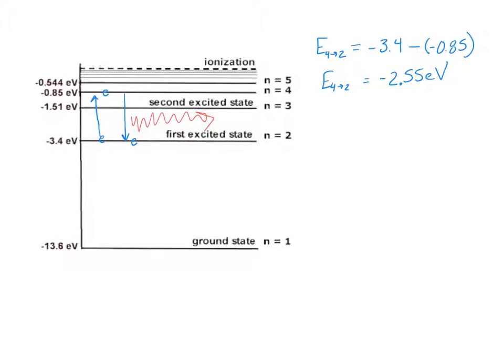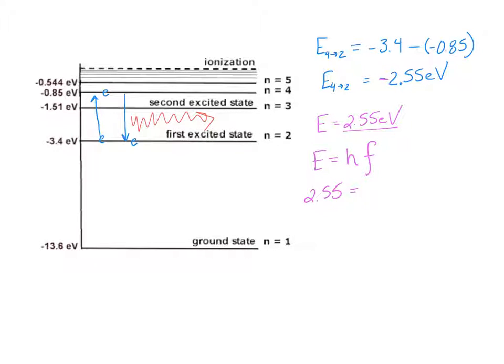So what would that look like to us? We're going to go through and look at that. So the energy that's coming off is going to be 2.55 electron volts. Notice that we are losing the energy here, but that's what the photon got. So we're going to do E is equal to Planck's constant times the frequency. So we have 2.55, and that's in electron volts.